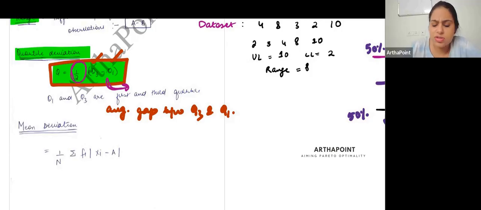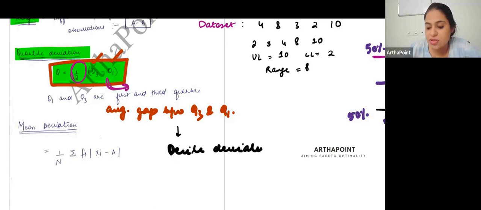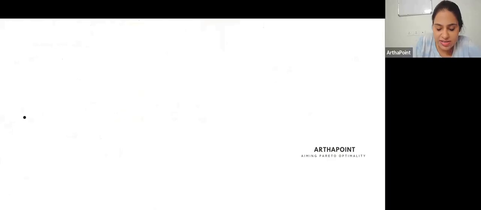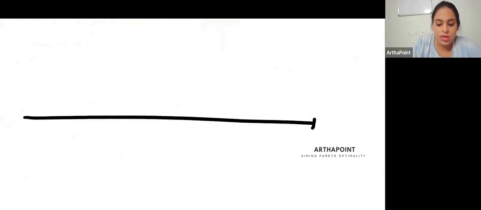Achha, many books define something which is known as decile deviation also. Or at least they define something known as decile, on a very similar basis. I have a data set and I am dividing this data set in 10 parts. So 1, 2, 3, 4, 5, 6, 7, 8 and 9.